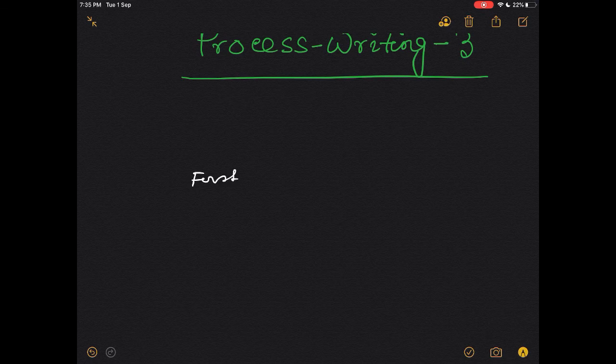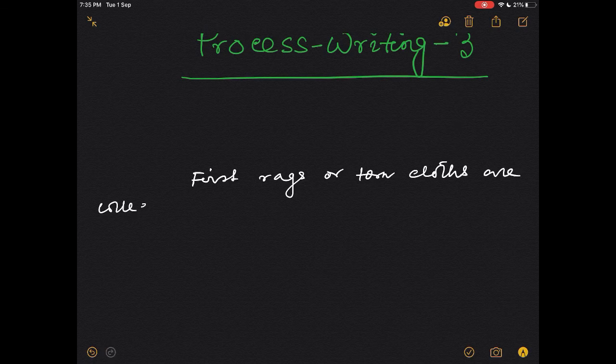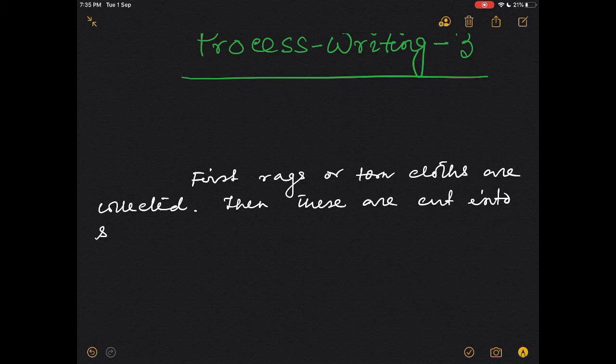First, rags or torn cloths are collected. Next, what is there? Then these are cut into small pieces.